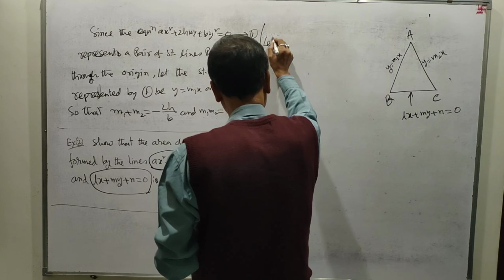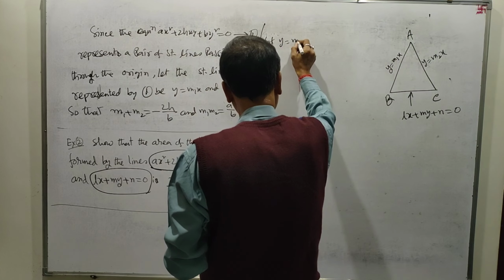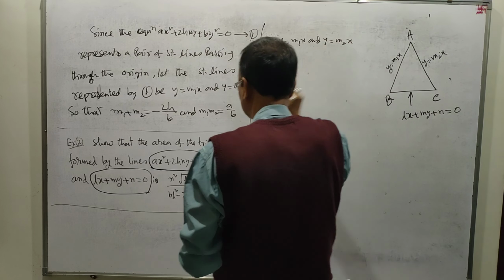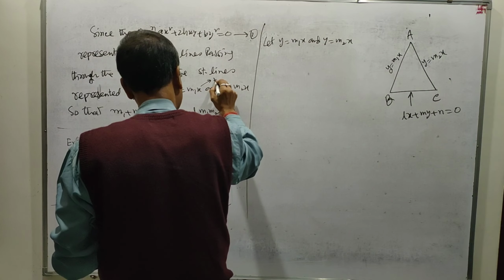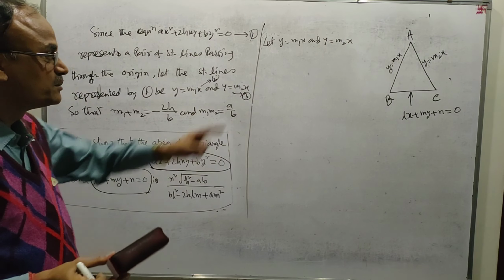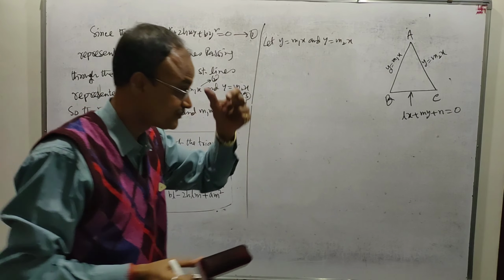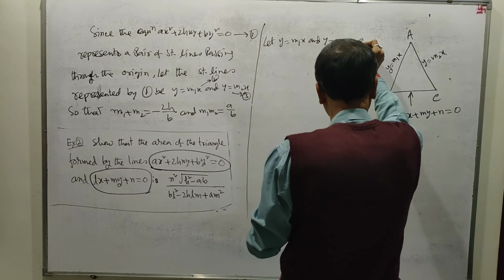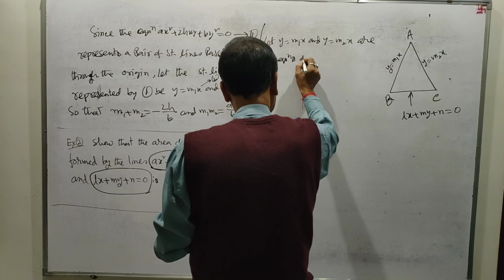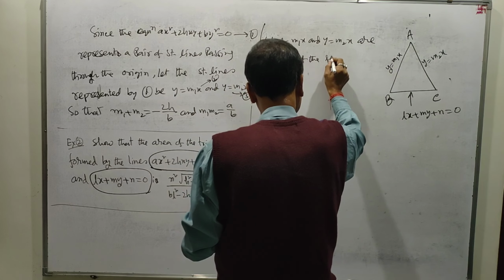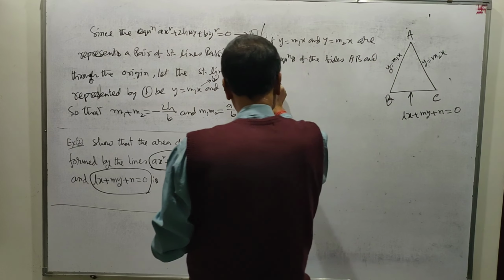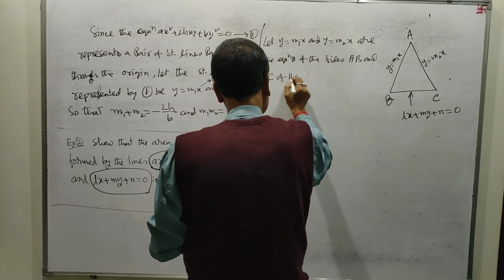Let y is equal to m1x be number 2 and y is equal to m2x be number 3. Means 2 and 3 are the equations of the sides AB and AC of the triangle ABC.